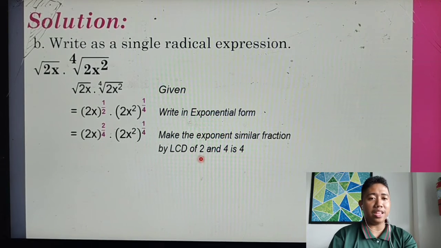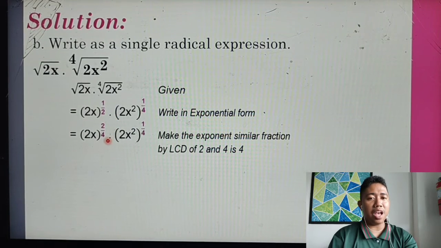We all know that the LCD of 2 and 4 is 4, because 4 can be divided by 2 and 4. So we have the same denominators for every exponent. Next, 4 divided by 2 is 2, times 1, we have 2. 4 divided by 4 is 1, multiplied by 1, we have 1/4.